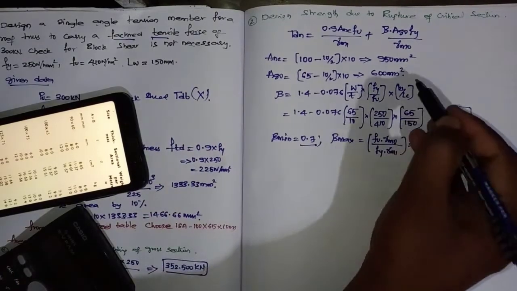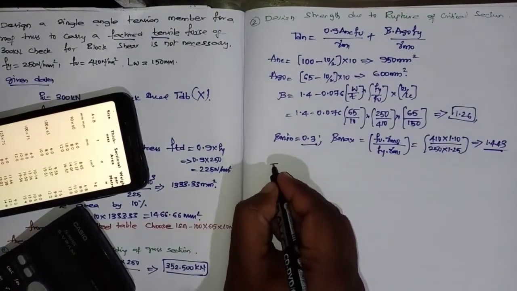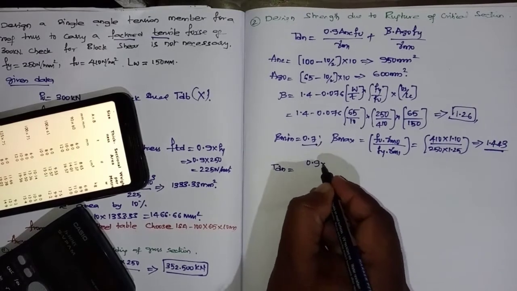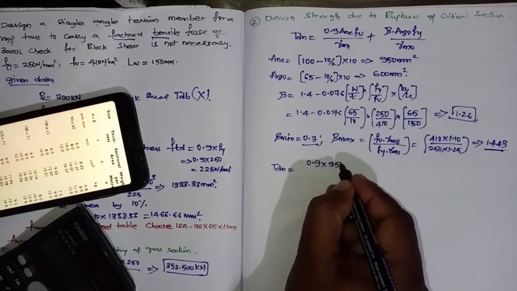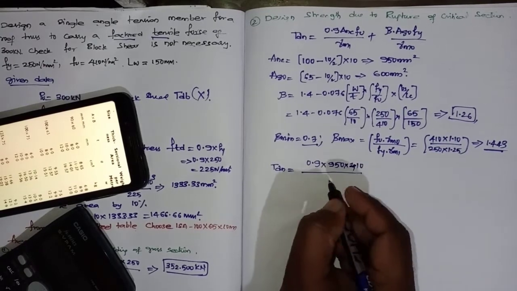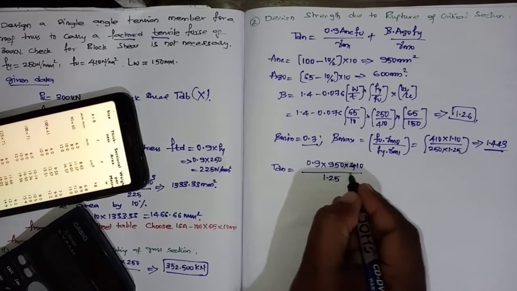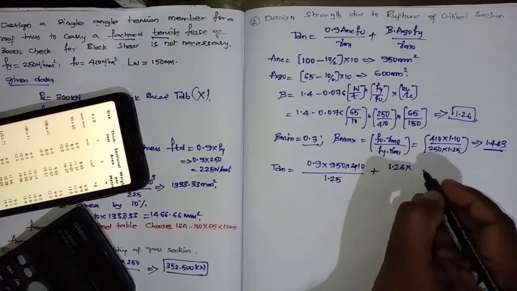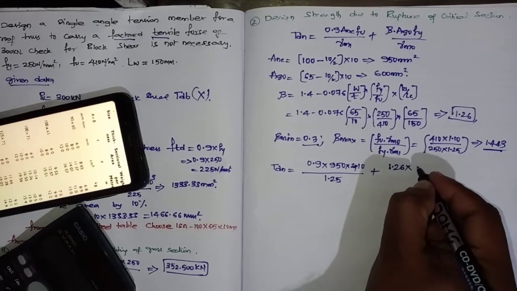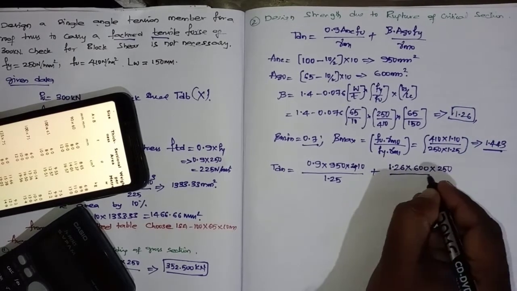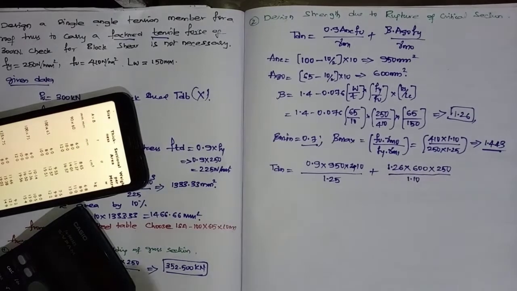Now everything I got, I will substitute in this one. So TDN equals to what? 0.9 into ANC, you got 950 into 410 divided by 1.25 plus beta is 1.26 into outstanding leg, how much it is? 600 into 250 divided by 1.10.